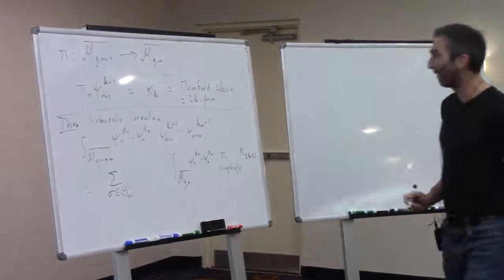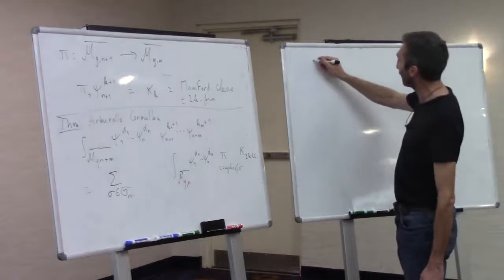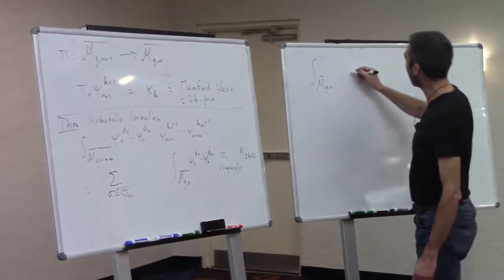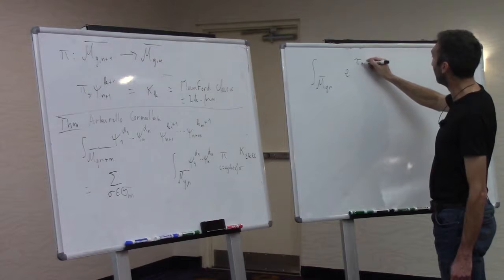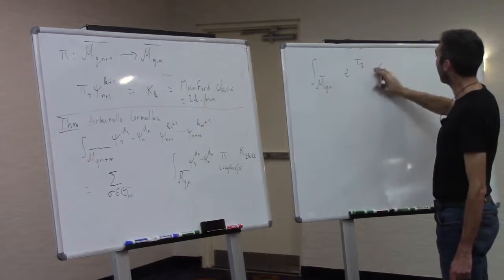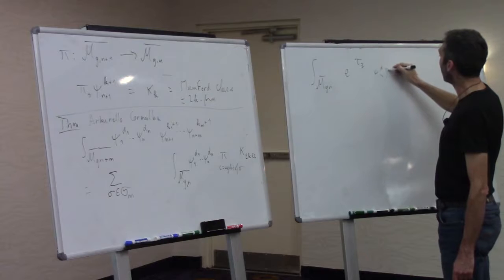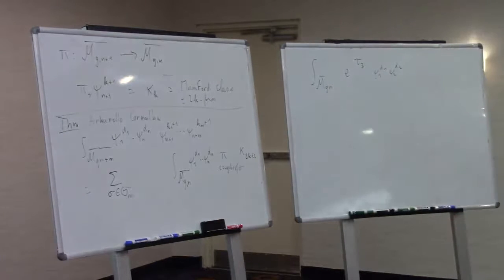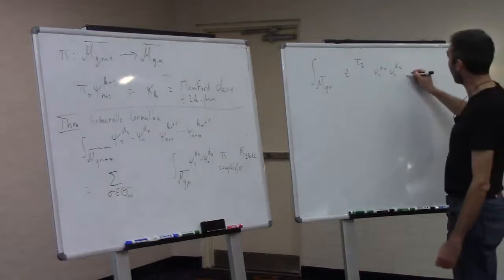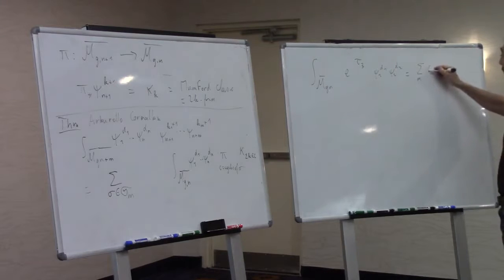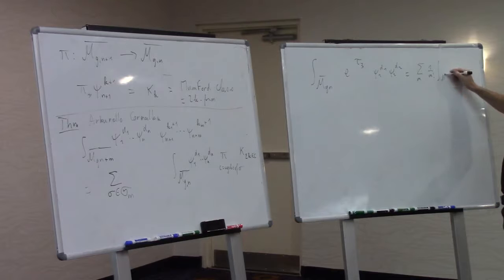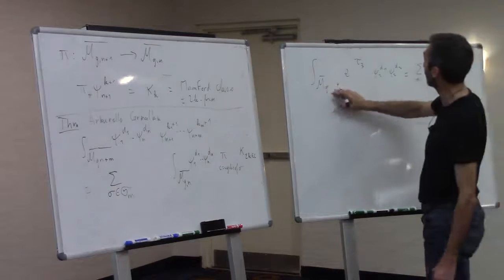There is a nice way to write that, but let me just say first that if you want to write something like exponential of tau 3, psi 1 to the d1, psi 2 to the d2, just an example, what does it mean to write exponentials? Exponentials mean that you should do the Taylor expansion, sum over m, 1 over m factorial.